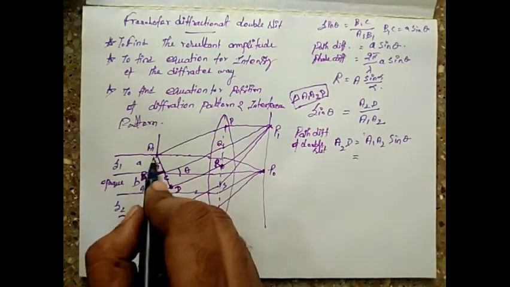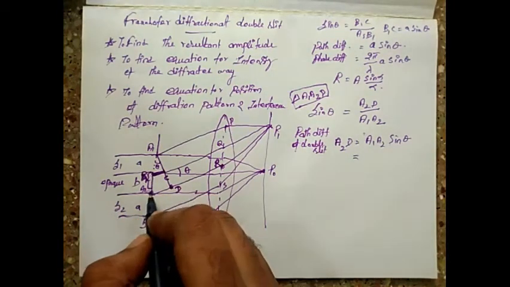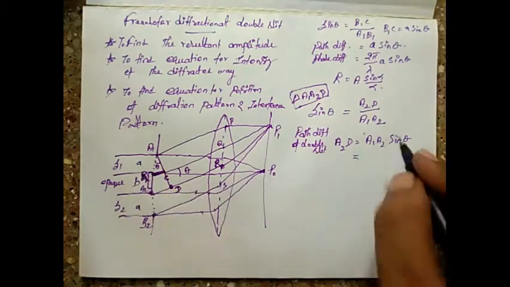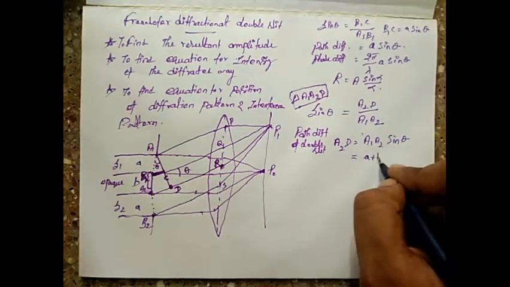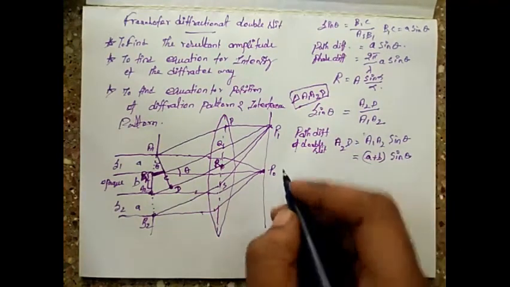A1 to B1 distance is A, and B1 to A2 distance is B. So the total distance is A plus B, times sin theta. This is the path difference.